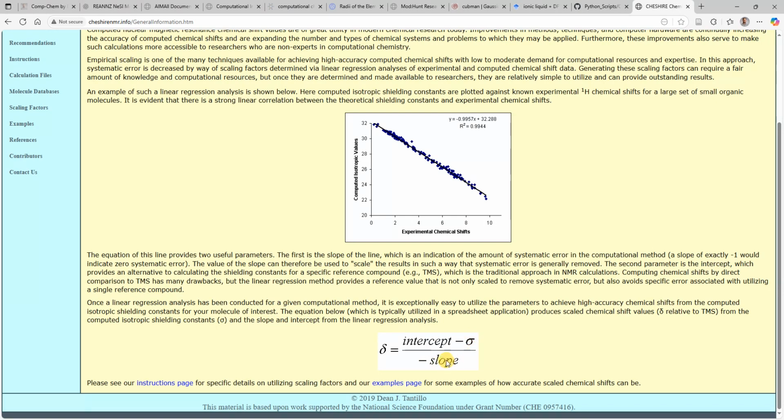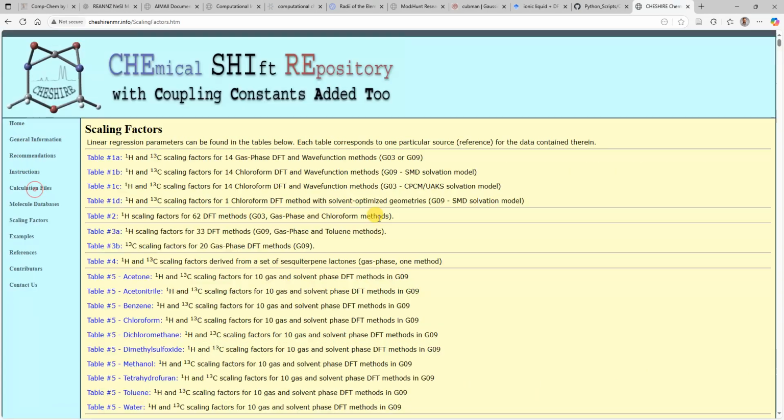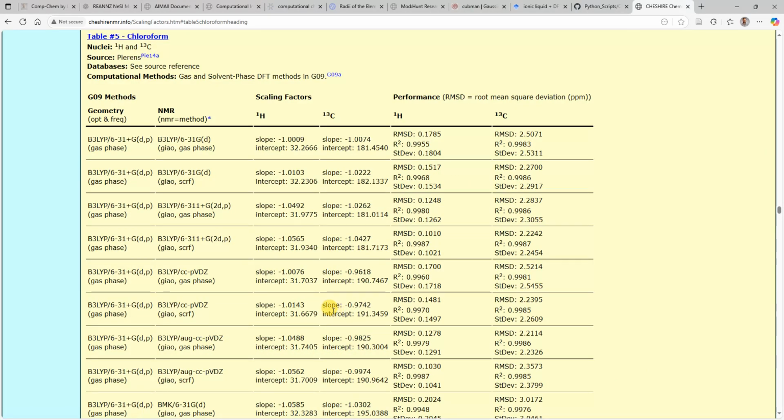So chemical shift is the value of intercept minus the shielding tensor you get, and then you divide it by minus slope value. And if you come back to the scaling factors, you can see that you have got the slope and the intercept values for both hydrogen and carbon NMR, and you will use the values for which you use the method. So let's talk about that now.